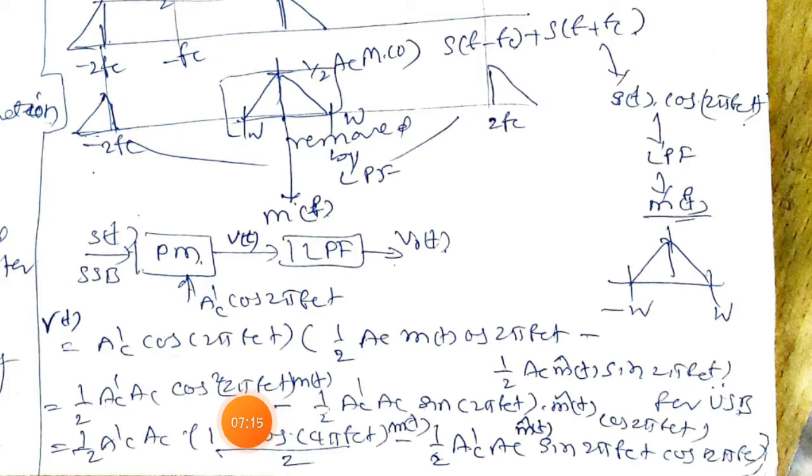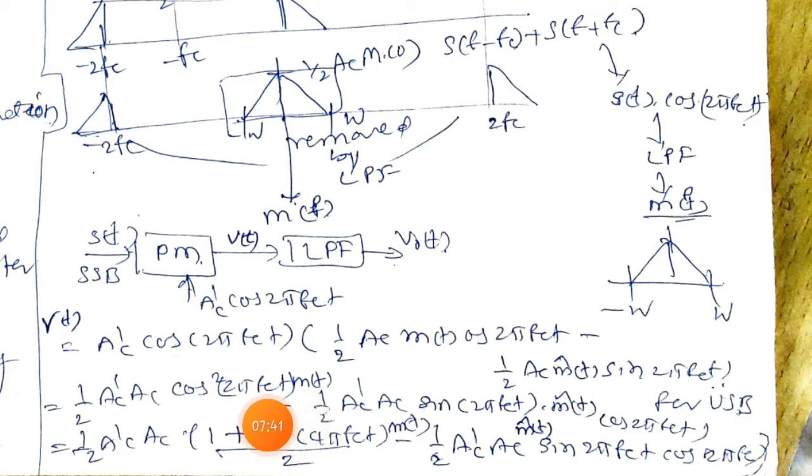Now what happens? The first term is A'c Ac cos square 2 pi fct, and the second is minus A'c Ac sin 2 pi fct cos 2 pi fct m cap(t).